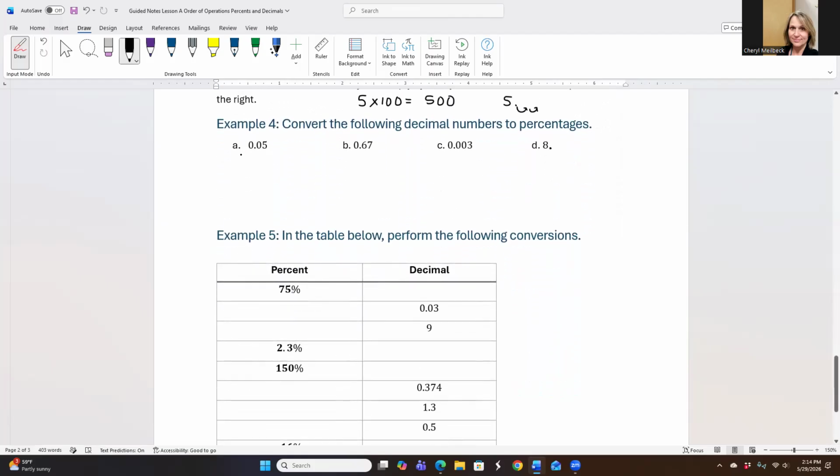So with 0.05, if we move it to a percent, we'll jump 2 places and have 5%. For 0.67, if we move the decimal 2 places, we'll have 67%. Go ahead and do C and D and then pause the video and we'll look at the answers together.